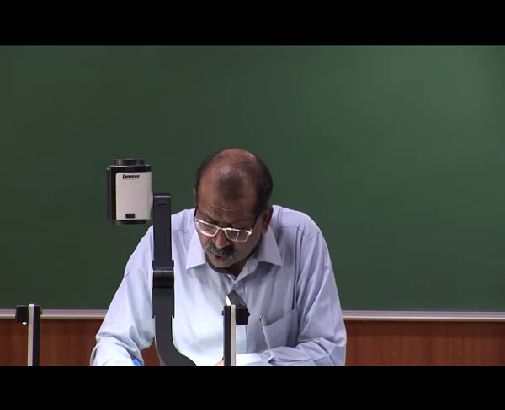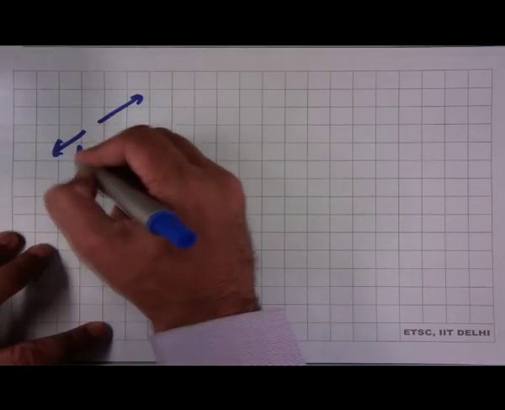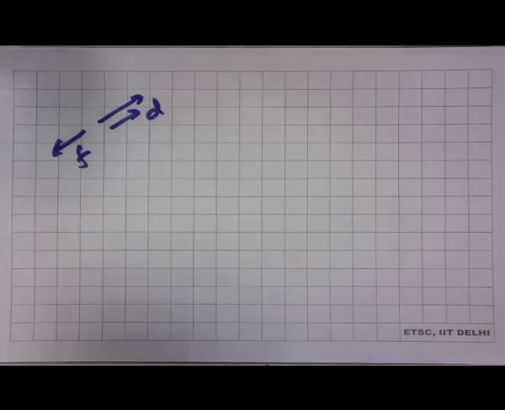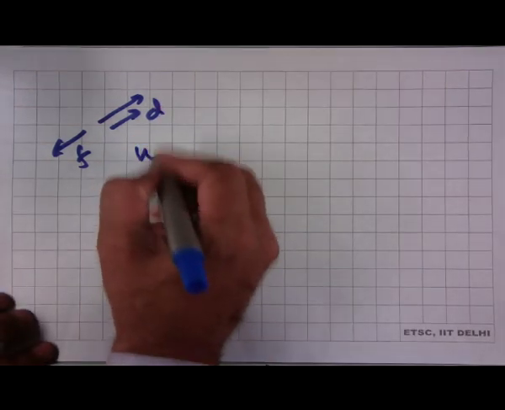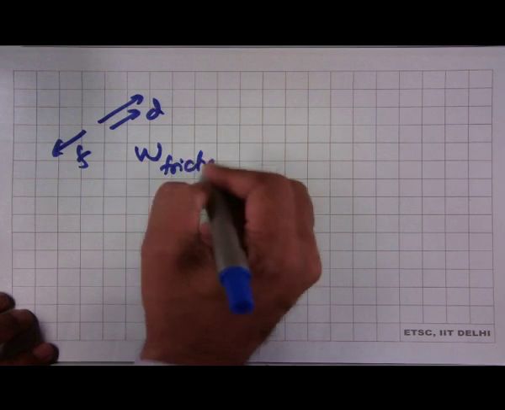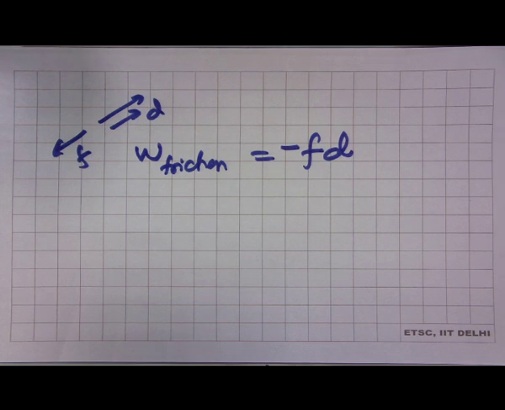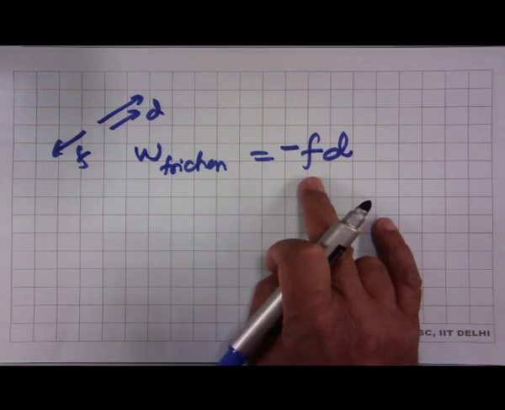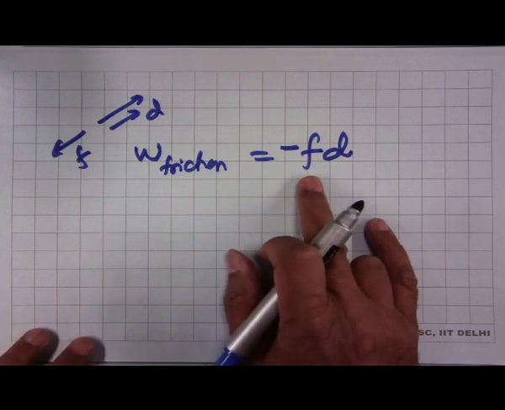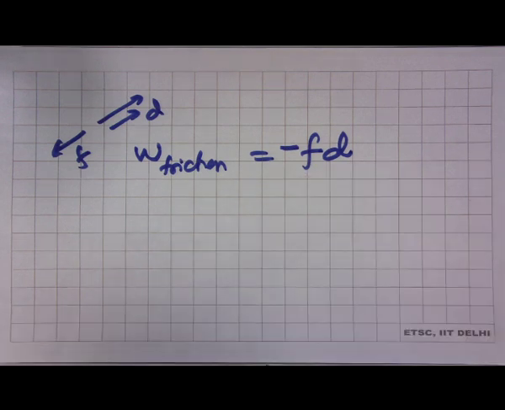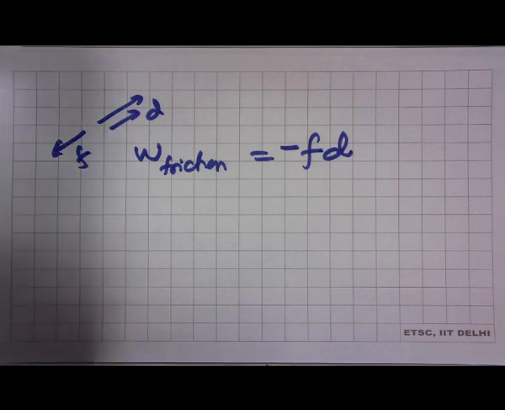The friction force is acting in this direction, the block is moving in the upward direction. So, work done by friction can be written as minus F times d, because friction, as we have seen, is a constant force. This will be minus F times d, and because these two are in opposite directions, we get the minus sign.